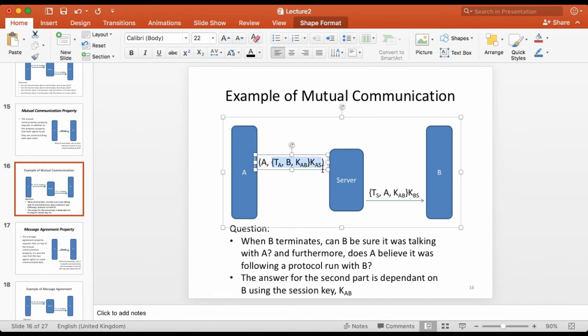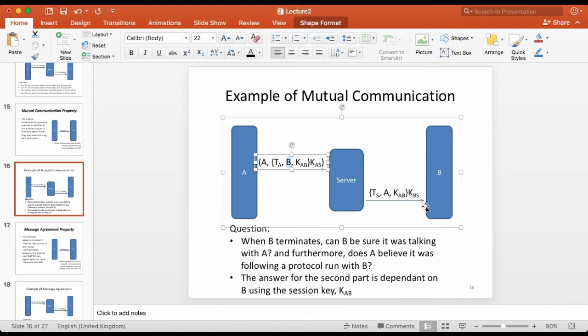But the fact that the server managed to decrypt this first part of the message also tells us what the content was, okay? And the content here is clearly stating that A is attempting to communicate with B, and that is the reason why the server selected B as the destination for its second message.